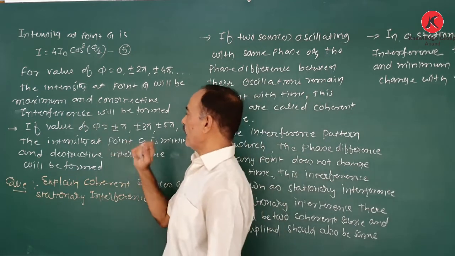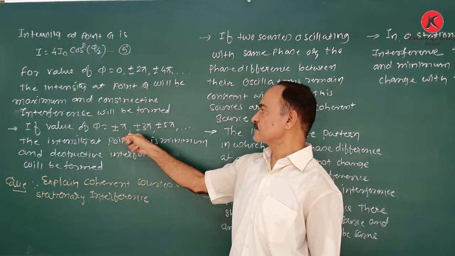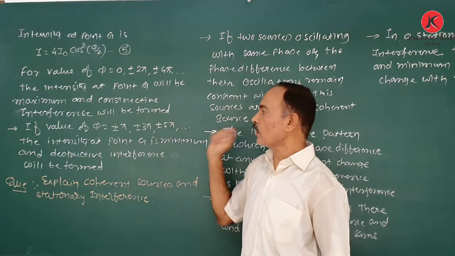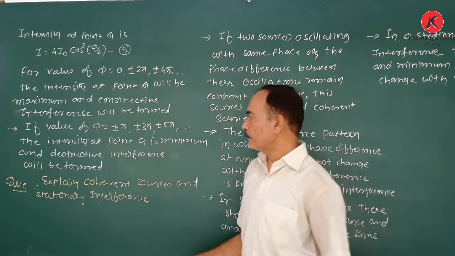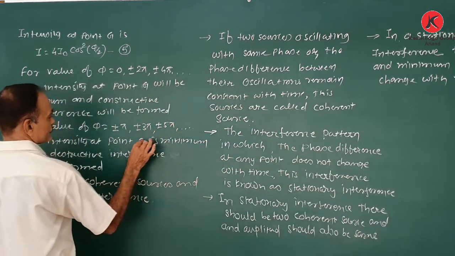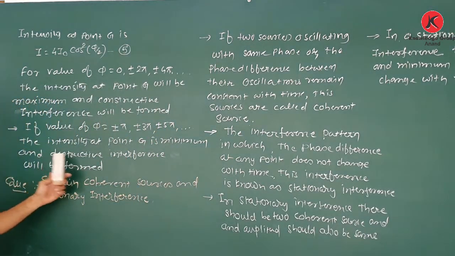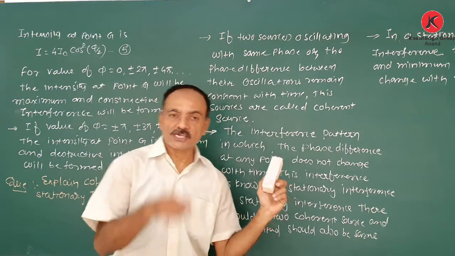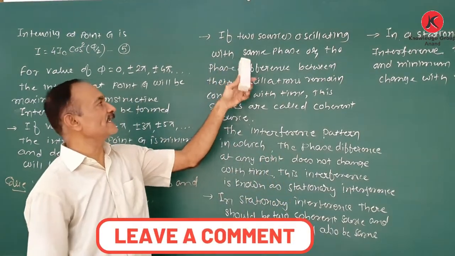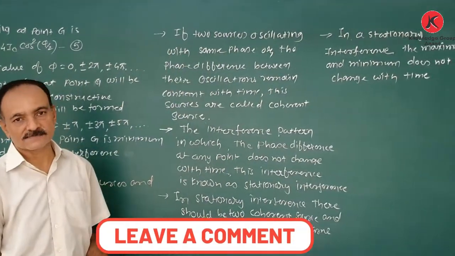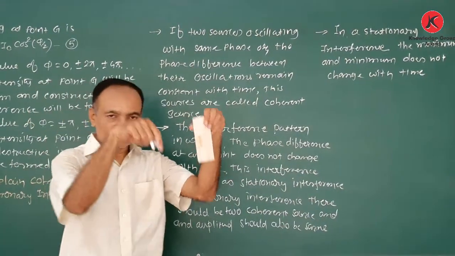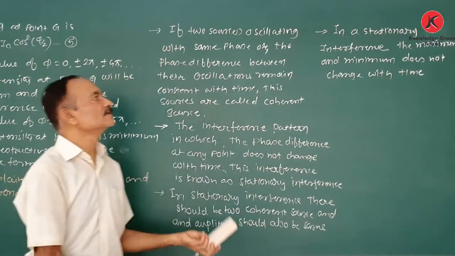And if phi is plus or minus pi, plus or minus 3 pi, plus or minus 5 pi and so on, the intensity at point G is minimum and destructive interference will be formed. After that, what is a coherent source? Coherent sources mean sources oscillating with the same phase. Already we discussed that in constructive interference, the two needles are oscillating with the same phase.